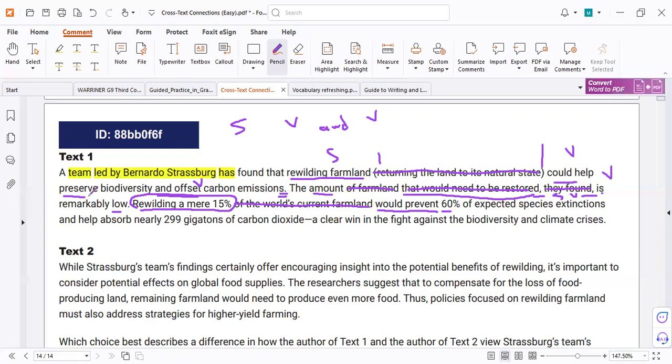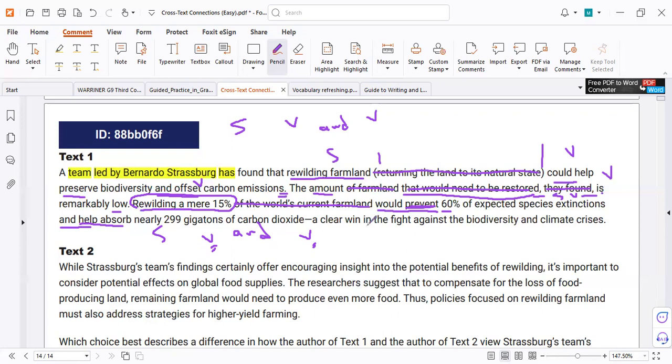So that is a point. And help, another verb. So rewilding, subject. And here prevent verb, and then the verb again. If you don't understand what prevent means, try to understand. He said help absorb. Because we have parallelism between this one and this one. Help, it's infinitive. Why is it infinitive? Because prevent is already infinitive. As I told you, by using and it must be the same.